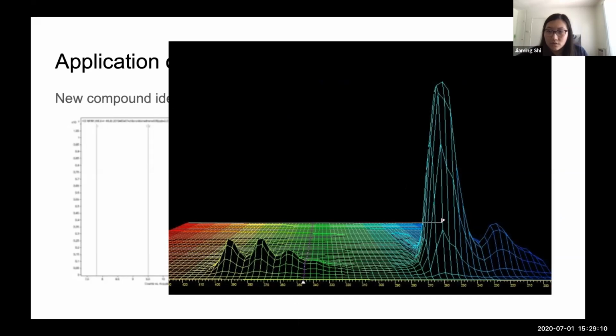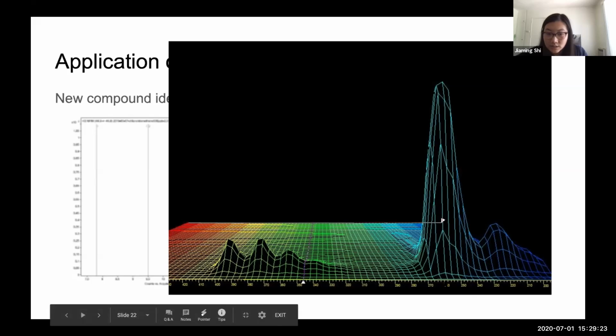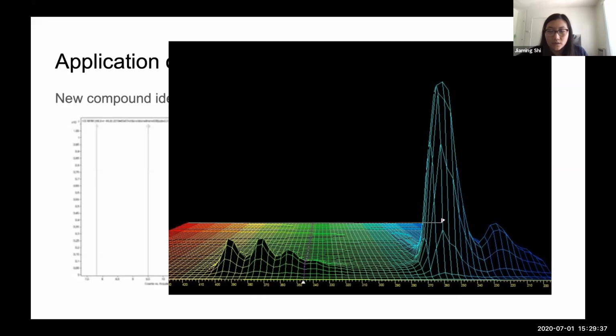For some compounds, the distinct peak will be located at certain wavelengths. For example, this one we're looking at has 4 different absorption peaks at 260, 350, 370, and 400. That's very special, and it's probably only for this compound that the spectrum is going to look like this. So that's what we usually do for new compound identification, just look at the DAD result of the new peak you're seeing in your results.